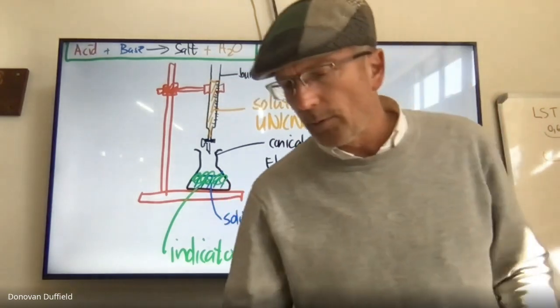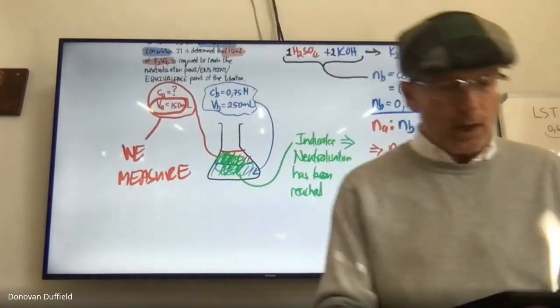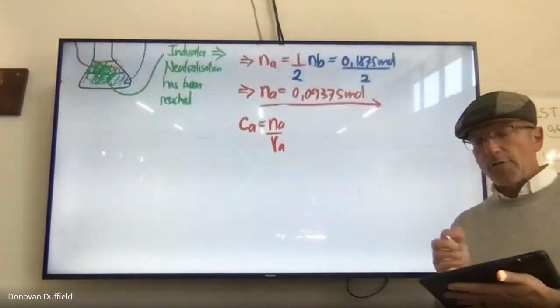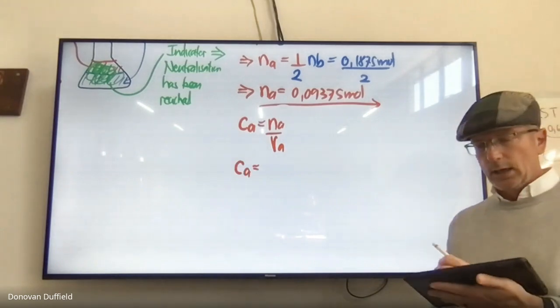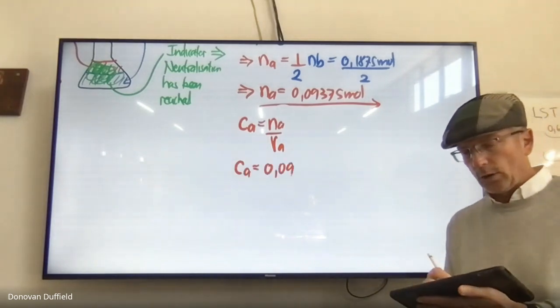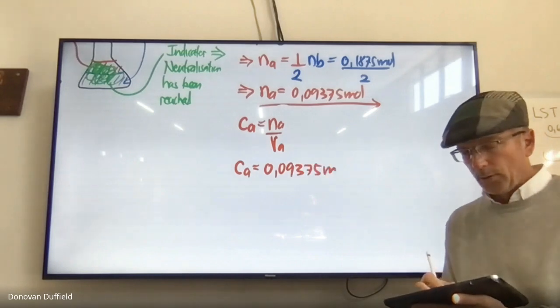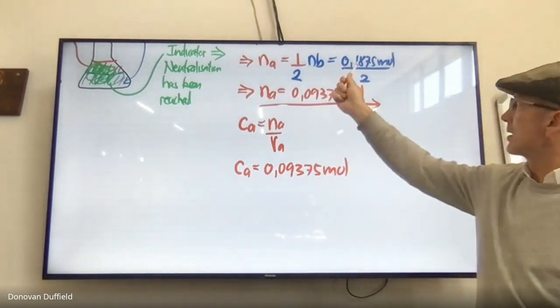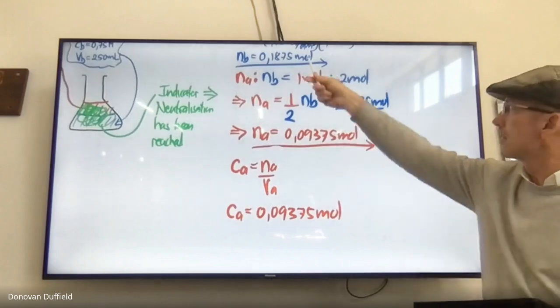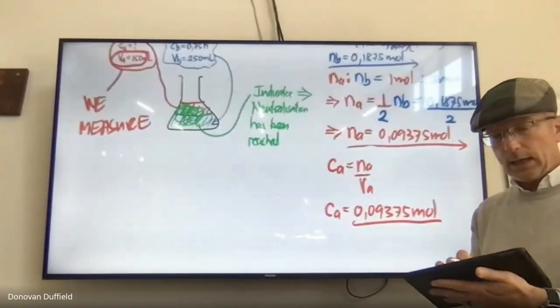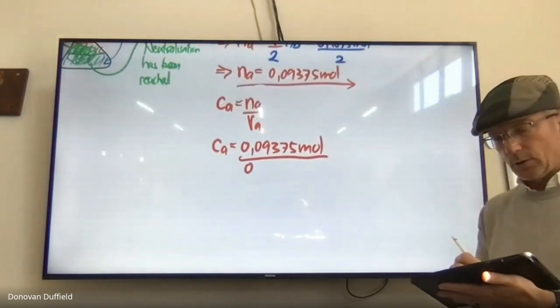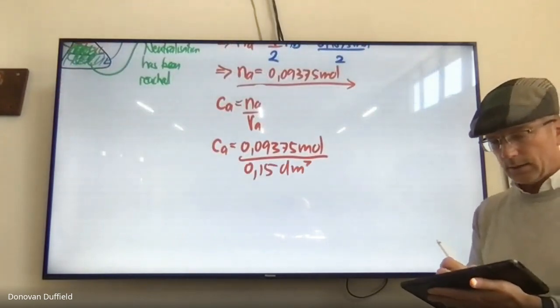Now, from that, you can go, well, okay, in the original solution, at that amount of solution, we know there had to be 0.9375 mole in order to neutralize this amount of mole of base, which was in the Erlenmeyer, divided by, well, that came in 150 milliliters, which is 0.15 cubic decimeters.